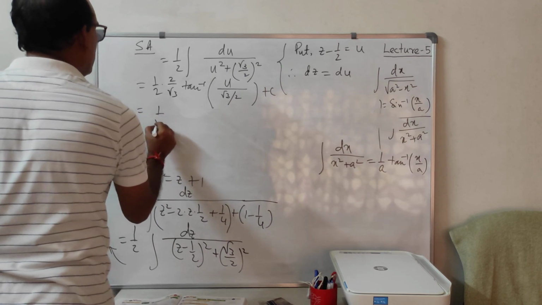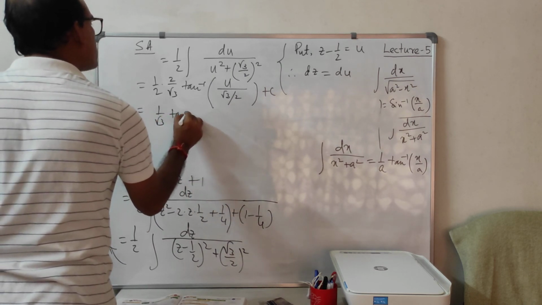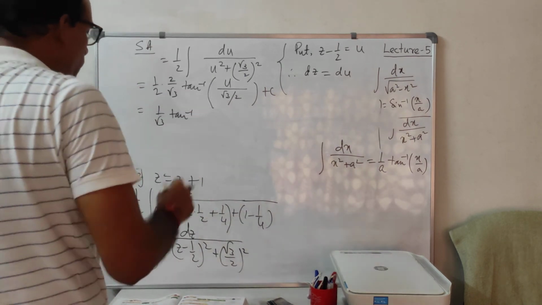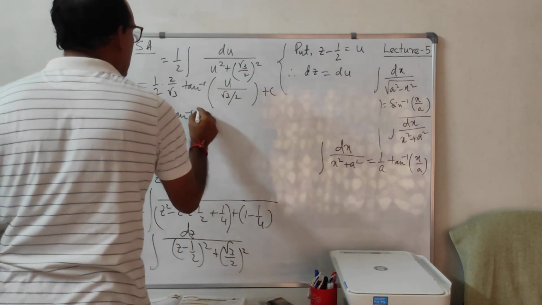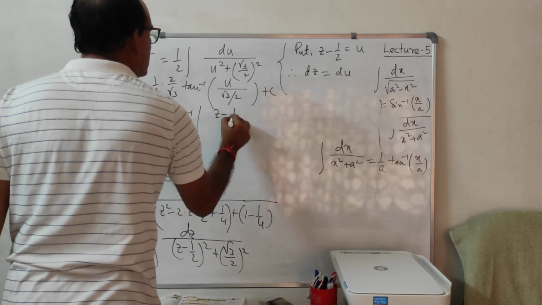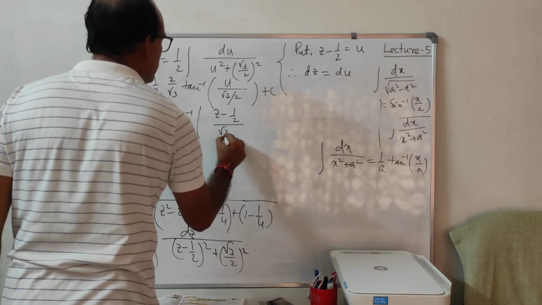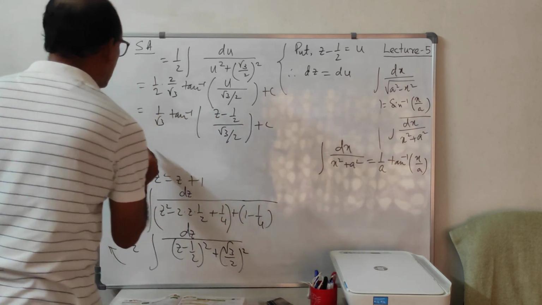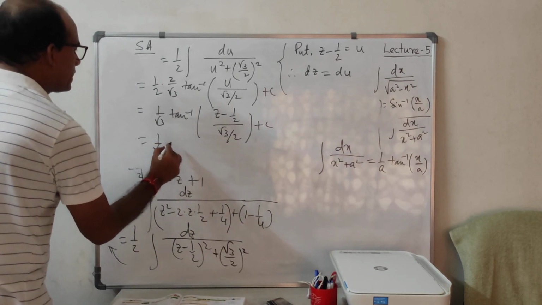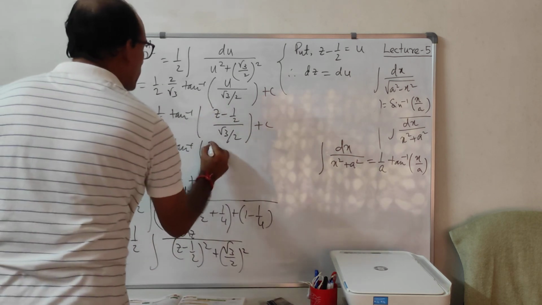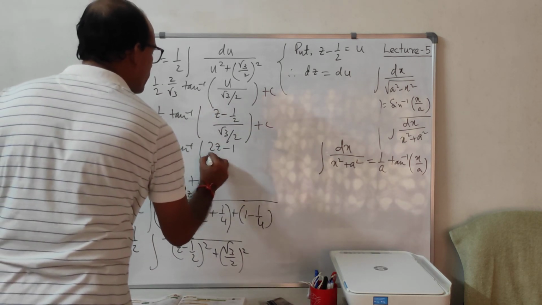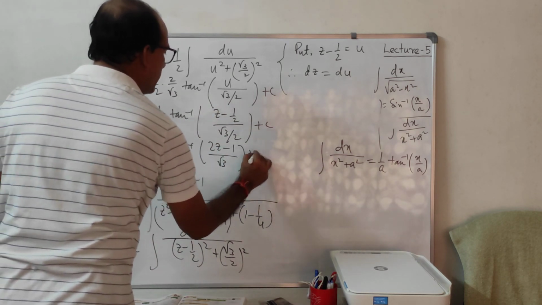Okay. Hope you understand well. 1 by root 3 tan inverse of what is u? u is just z minus half. z minus half by root 3 by 2 plus c. You can adjust numerator and denominator by multiplying 2z minus 1 by root 3 plus c.